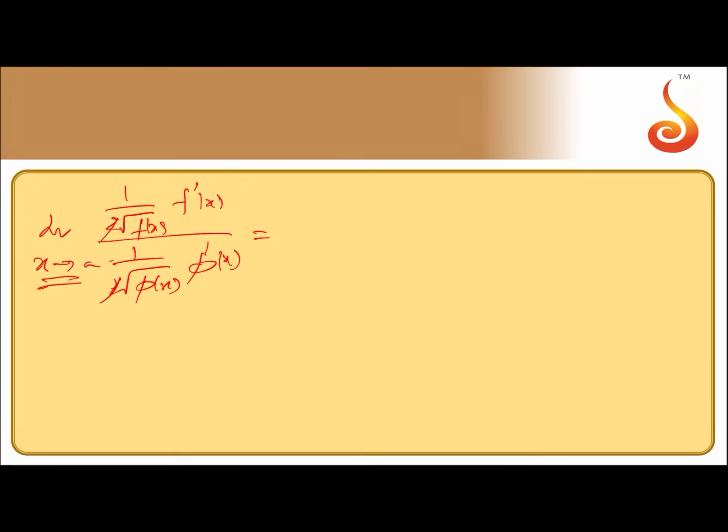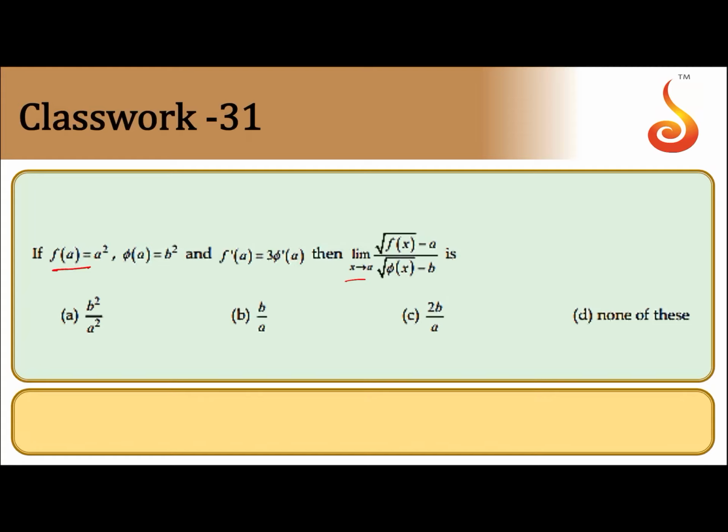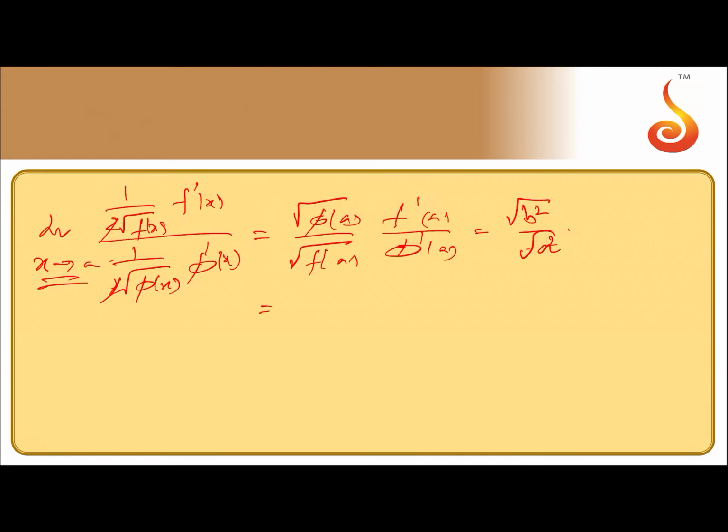So that is nothing but, by substituting x equals a, the limit value root of phi of a divided by root f of a, into f dash of a divided by phi dash of a. According to the formula, phi of a is equal to b square divided by a multiplied by root b square, which is nothing but root a square, of course, and f dash of a is 3 times phi dash of a.